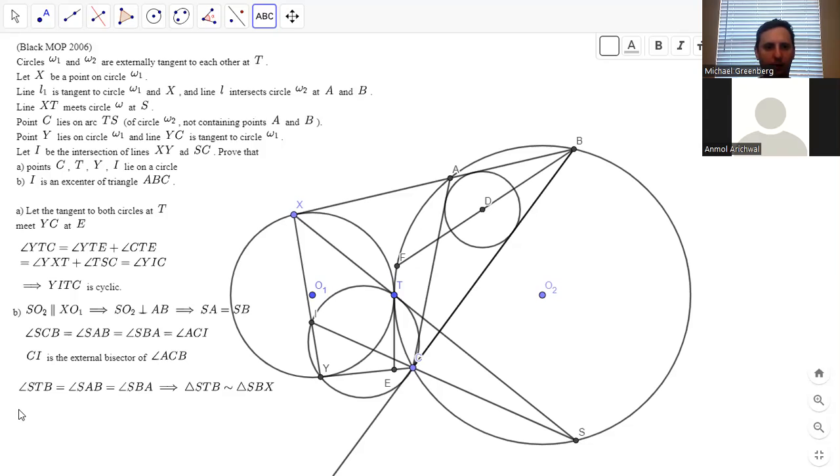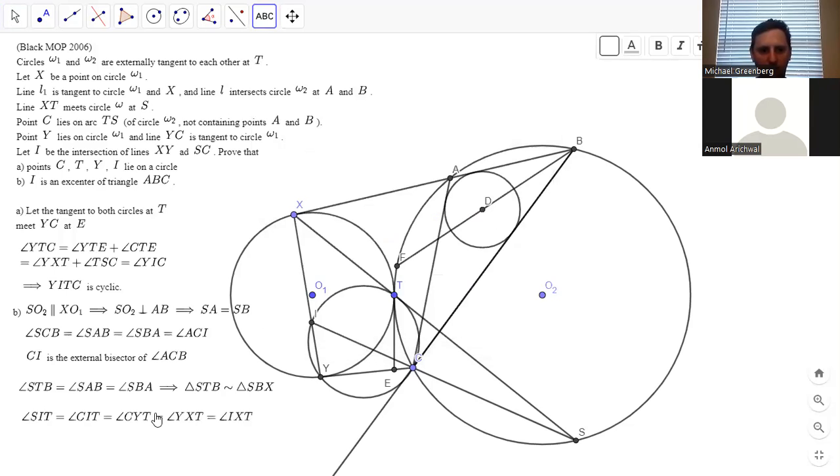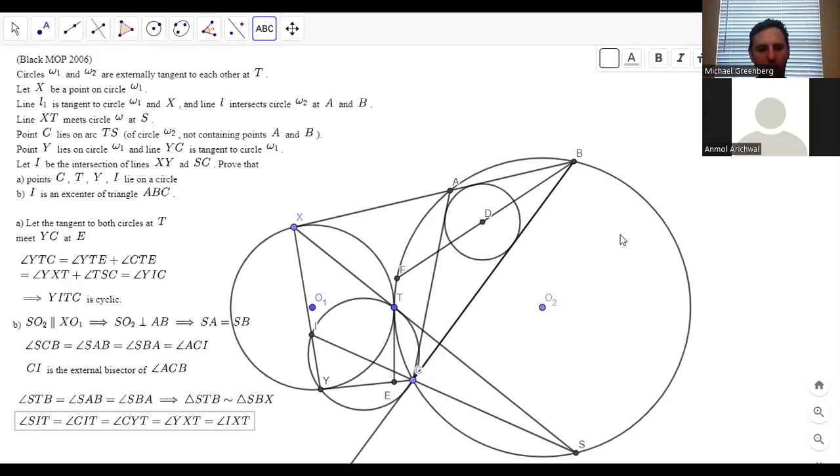Okay, so I'm gonna write out the angle chase that you wrote. Since SIT is IXT, we have another pair of similar triangles. And so then we can get that.